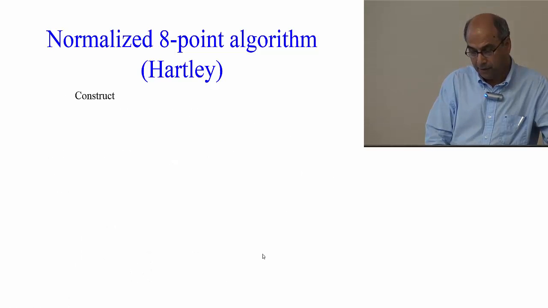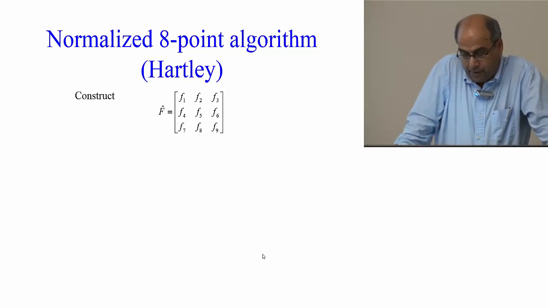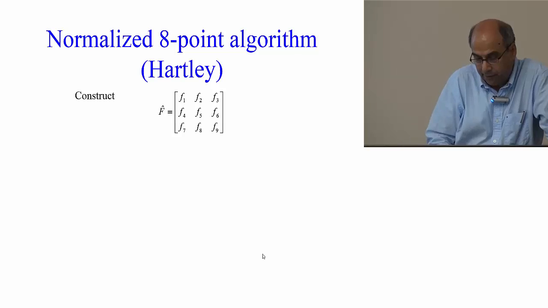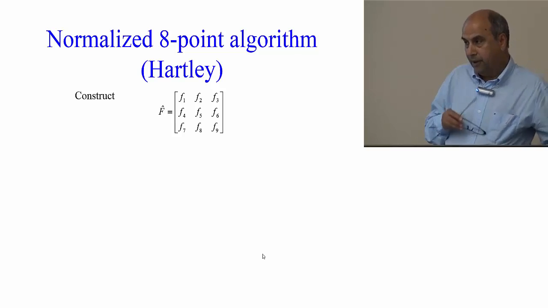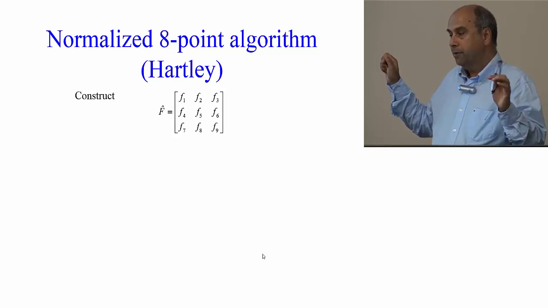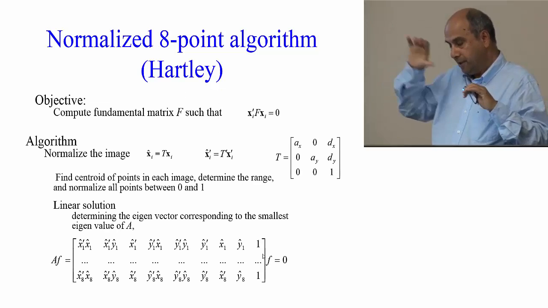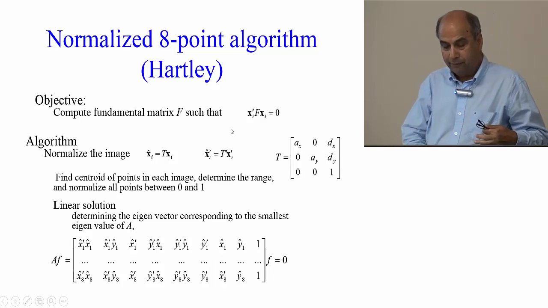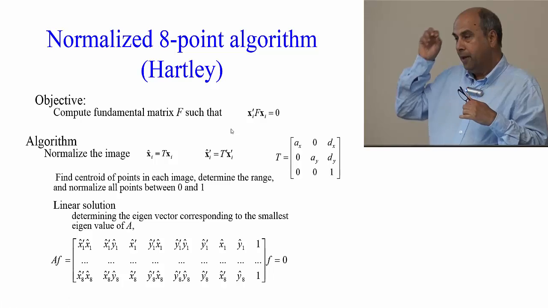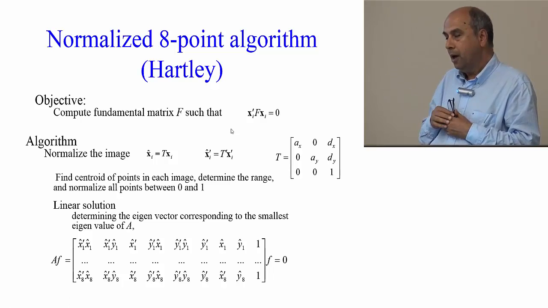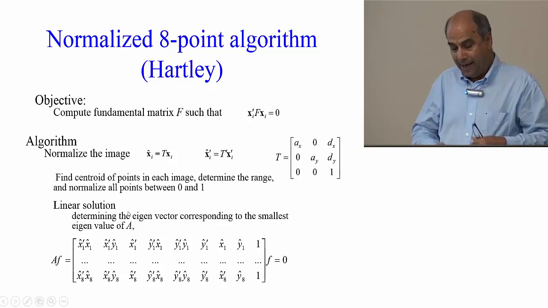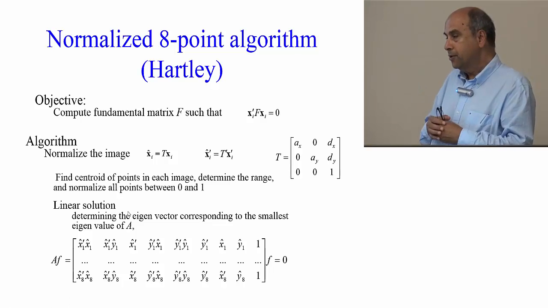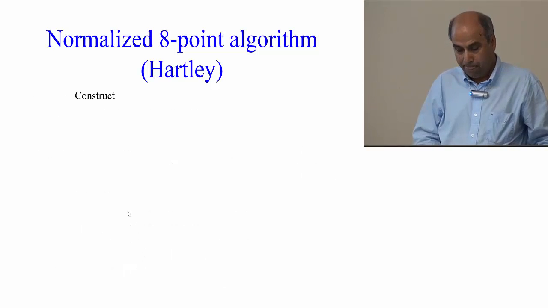So once we get that vector, we make it a matrix like this, and this is the first estimation of the fundamental matrix using this idea. Given two images and the corresponding points, we put those in that matrix, and before that we normalize them between 0 and 1 and put the center at the origin, which is the centroid of these points. Then we take the matrix and find the eigenvector corresponding to the smallest eigenvalue, and that's the solution.